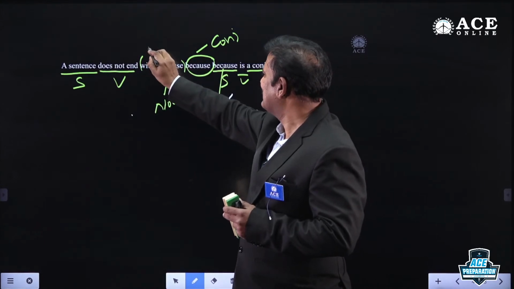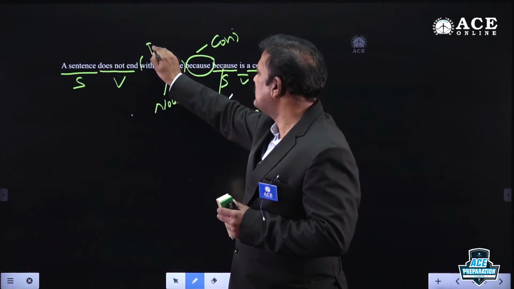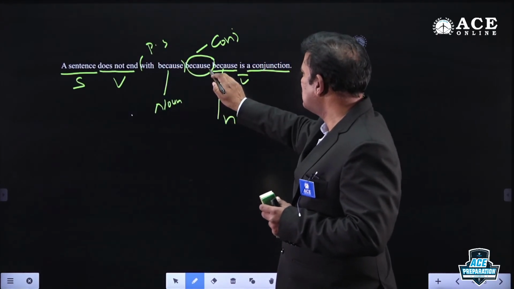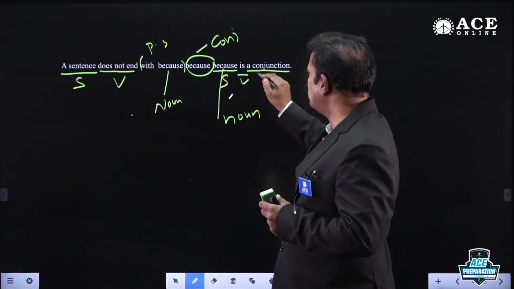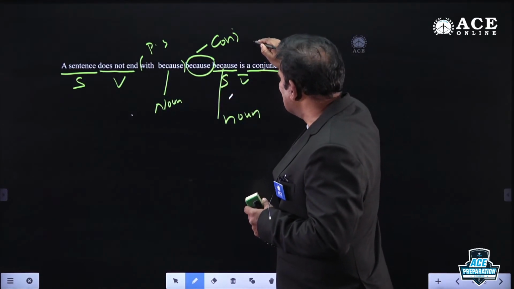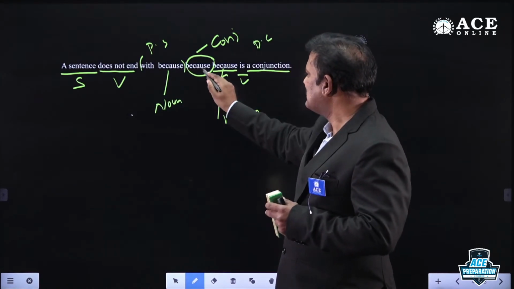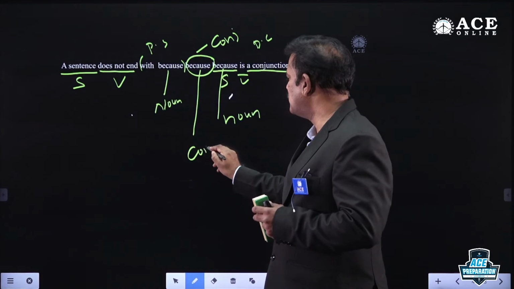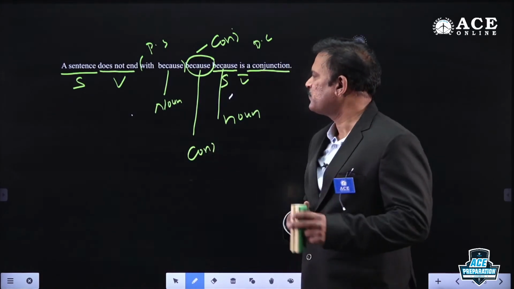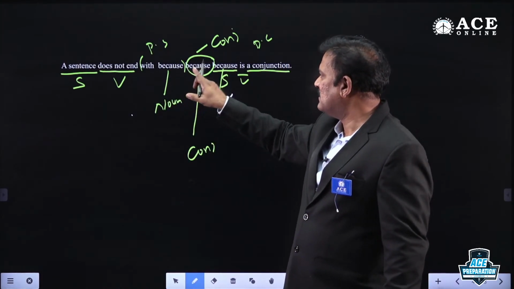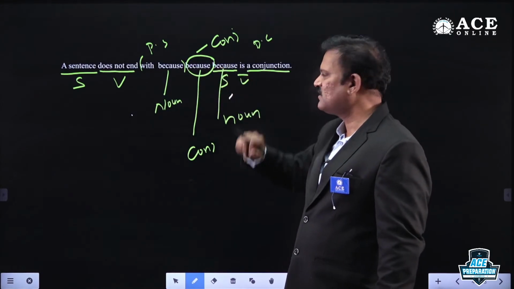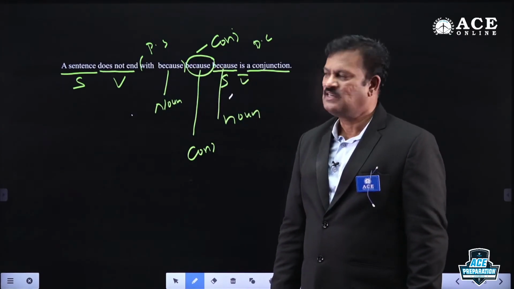This is one sentence, that is the primary sentence, and because is a conjunction. This is a dependent clause or secondary sentence. So this is the conjunction. Okay. So this is noun, this is conjunction, this is a noun.